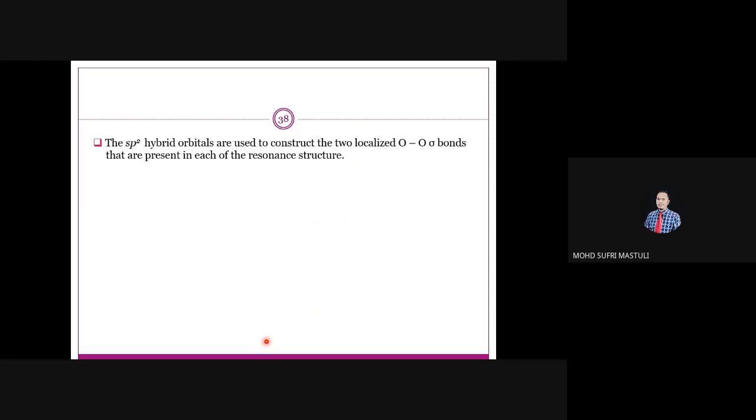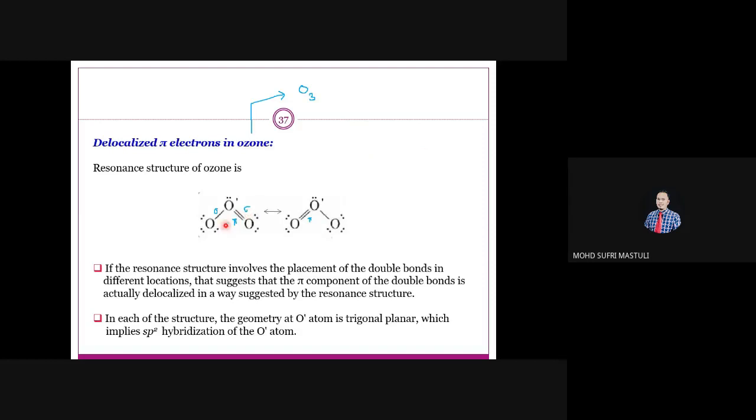The sp2 hybrid orbitals are used to construct 2 localized oxygen sigma bonds. So this is oxygen sigma, oxygen sigma, 2 oxygen sigma bonds.